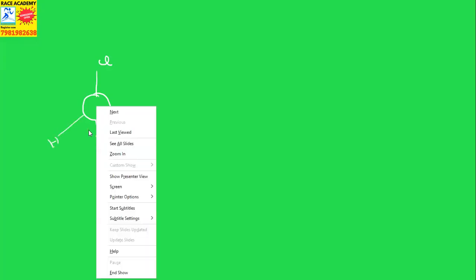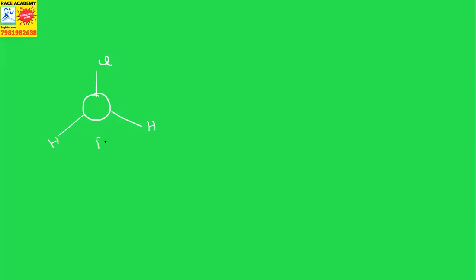Suppose you take an organic compound with a carbon to which chlorine is attached, assume like this, another hydrogen here, another hydrogen attached like this, and on the other side we have a bromine.